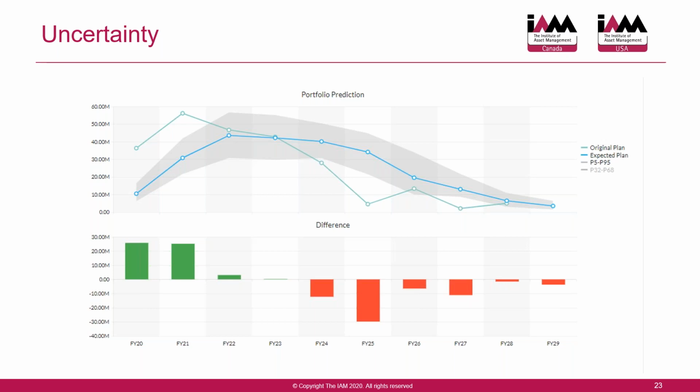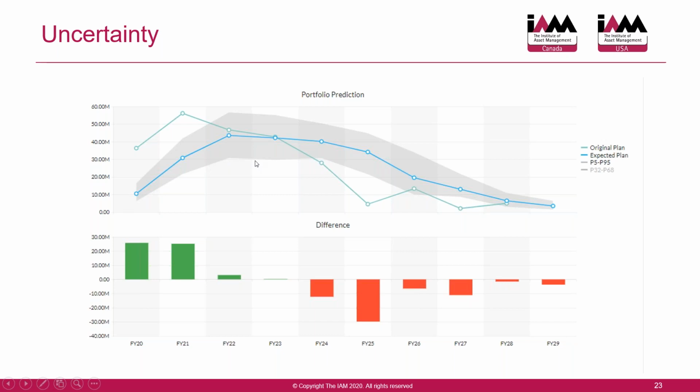So for this spend prediction, the blue line shows us the predicted spend, and the gray shaded area shows us the uncertainty around that. We can see that even though the budgeted spend in the first year was $35 million, it's more likely we'll spend between $7 and $18 million, based on what we historically see in delays of projects.